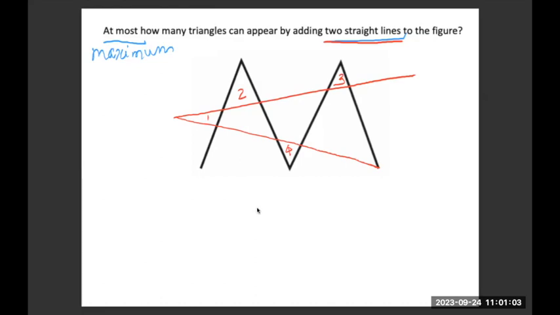Then the triangles which are formed by 2 triangles: 1, 2, 3, 4.